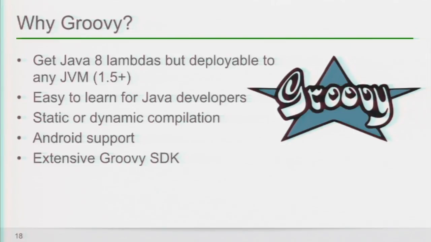Groovy is also easy to learn for Java developers, especially now with compile static making it even easier, since the syntax is very similar to Java. And you have, as I said, static and dynamic compilation. You can also argue the fact that there's now Android support.